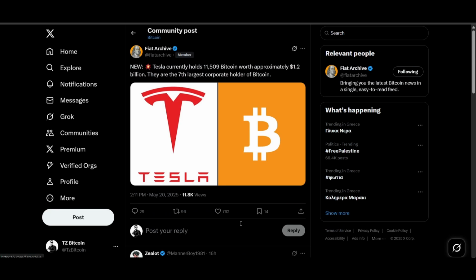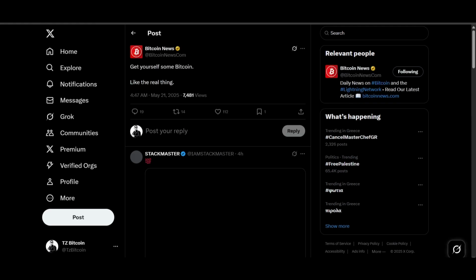Tesla currently holds 11,509 Bitcoin worth approximately $1.2 billion. They are the seventh largest corporate holder of Bitcoin, and yet you don't see any post from Elon Musk about Bitcoin, because I believe he doesn't want anyone to believe that he speculates on price or manipulates price.